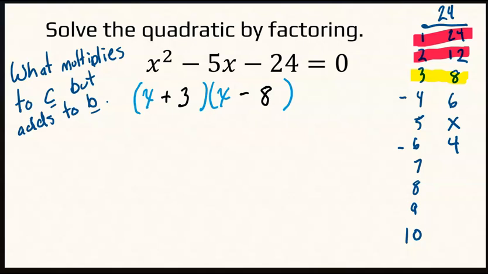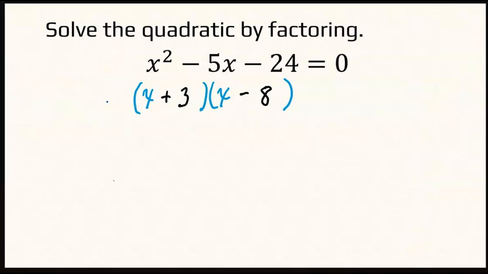I want to show you one more thing here before we move on. This here is called factored form. I have factored my quadratic. Another way to look at factoring, it is a form of division. What I can do here is multiply these back together using the distributive property like we talked about in the previous video and combine these two sets of parentheses to put this back into standard form.